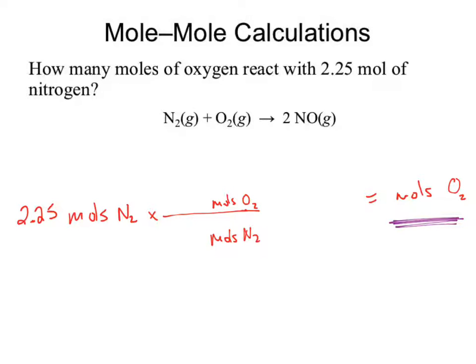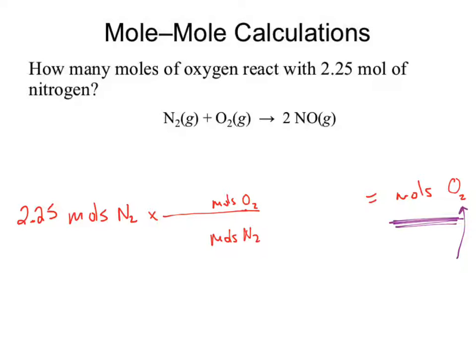I noticed a couple people wrote moles of O, not O2. Why is O2 the correct way to write this? We could say from the equation. The equation is actually giving it to you too. The only way it is oxygen atom is if it says oxygen atom.